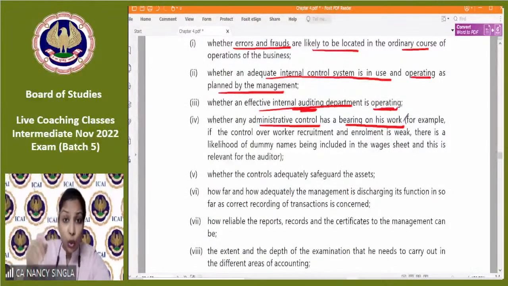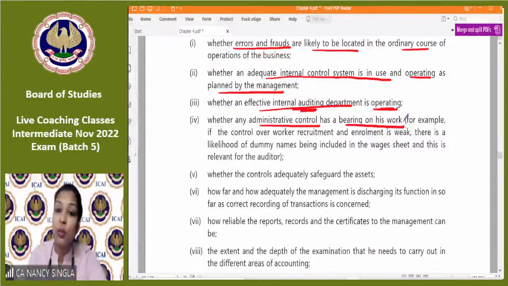Now, in this case, though the internal control on recruitment and enrollment of workers is an administrative kind of control, it is not related to financial internal control. But chances are that since the recruitment or enrollment control is weak, dummy workmen may be there, which may have an impact on what? Wages. So the auditor might have to consider such administrative control also.